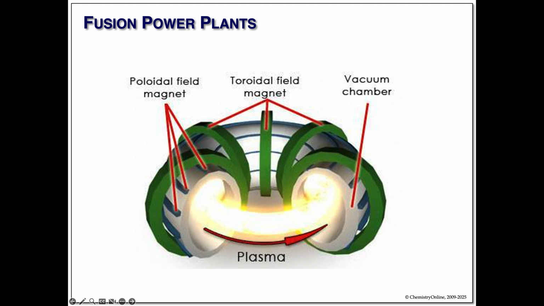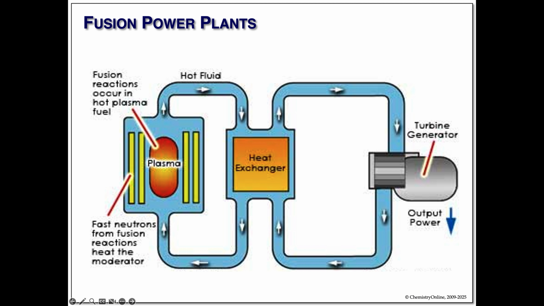This is hot, but it doesn't melt. It's all in a high vacuum. The idea is, you have your plasma being generated, it's hot, closed loop, heat exchanger, closed loop, and a turbine.